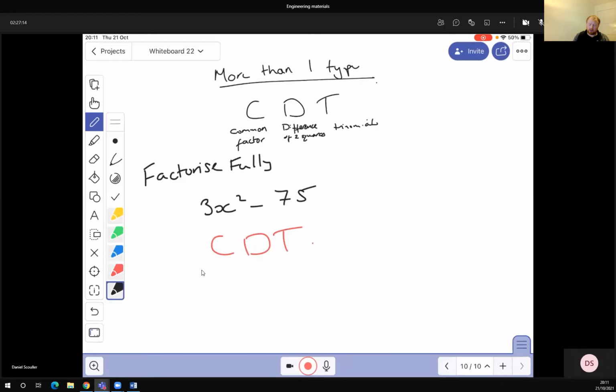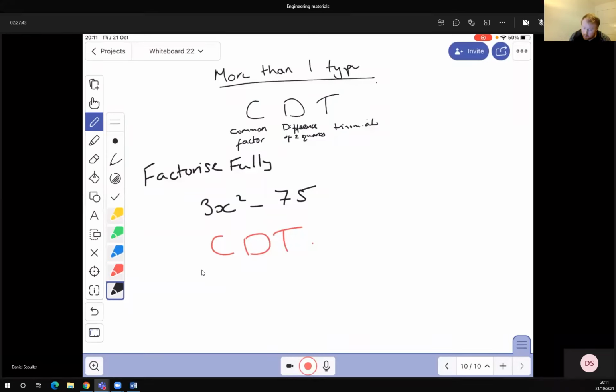C, common factor. Is there a common factor between 3 and 75? Yes, there is. Okay, I don't expect you to know the 25 times table, but sometimes you should be able to pick that up quite easily. Okay, so 25, 50, they're quite nice round numbers. Okay, 25, 50, 75, 100. Or things like that.